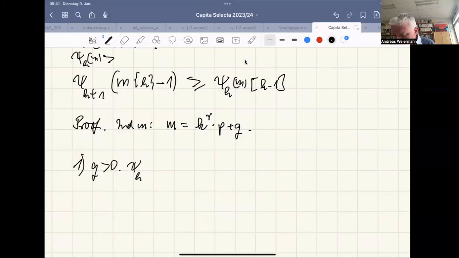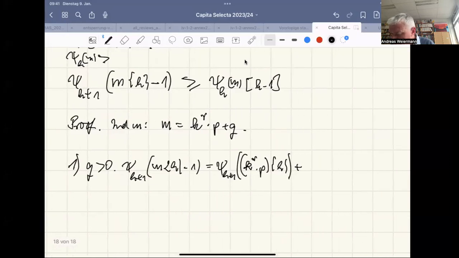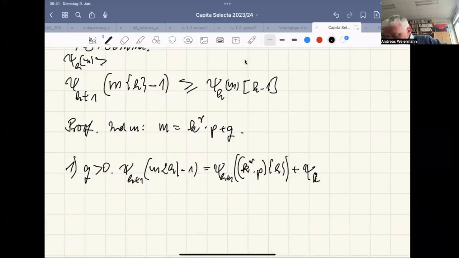So psi_{k+1} of m_k minus 1 is psi_{k+1} of k to the r times p, where we do the base change, plus the function psi_k is monotone, so it can therefore be moved into the sums.